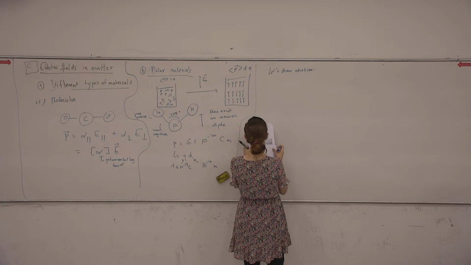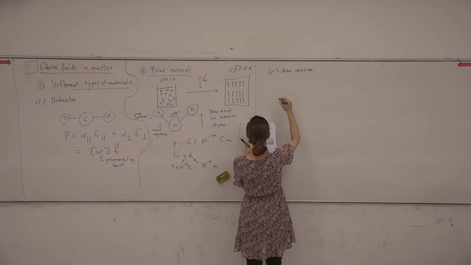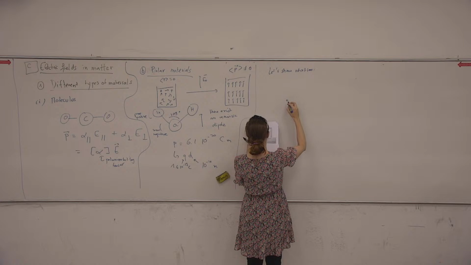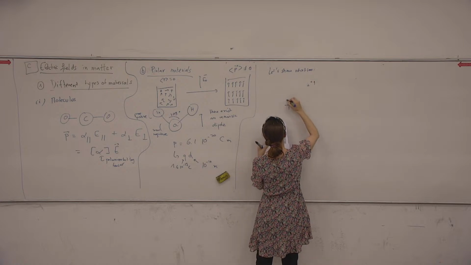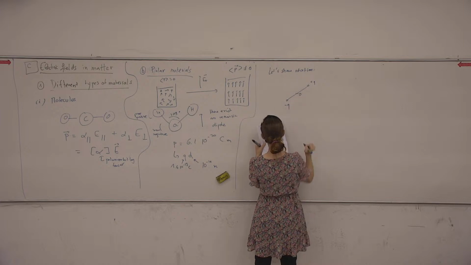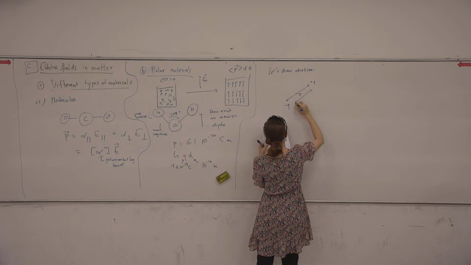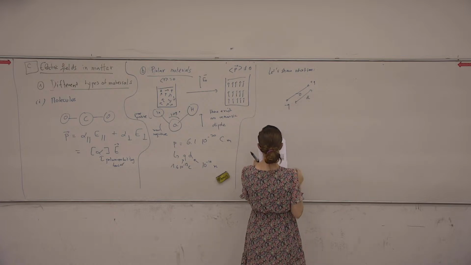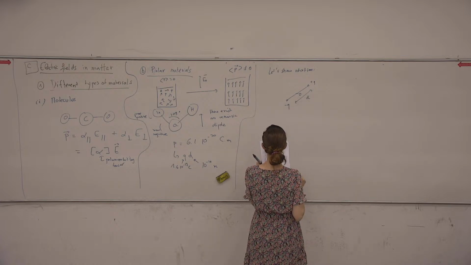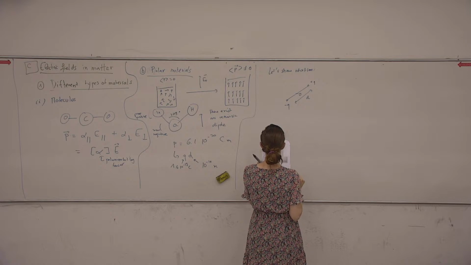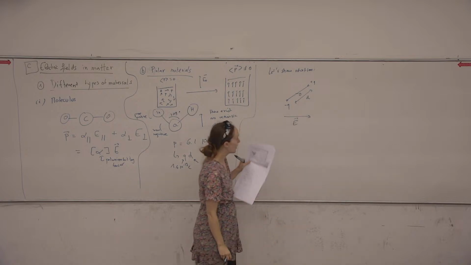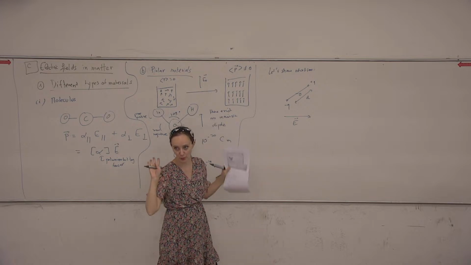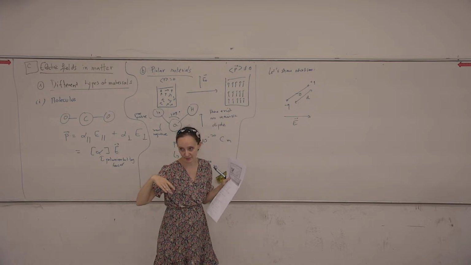If I have two charges, minus Q and Q, at a distance D, and I'm applying a field E, what I want to show now is that this dipole will rotate and align with the field E.